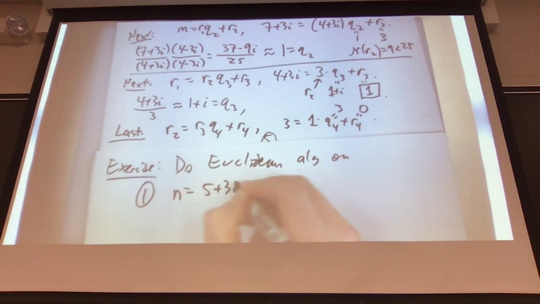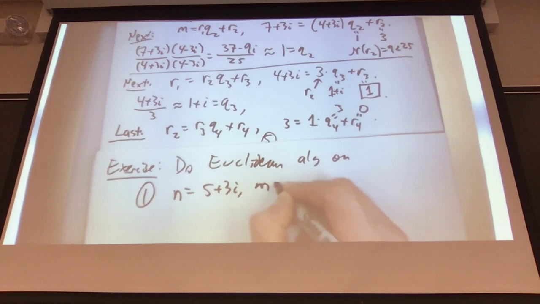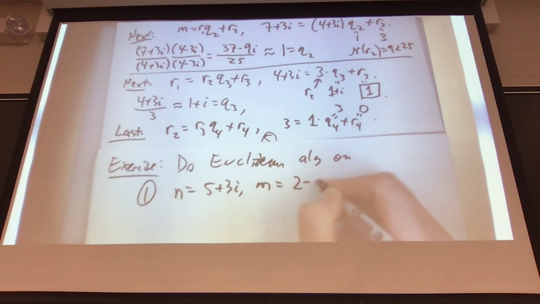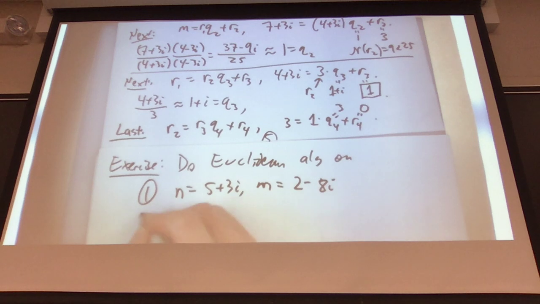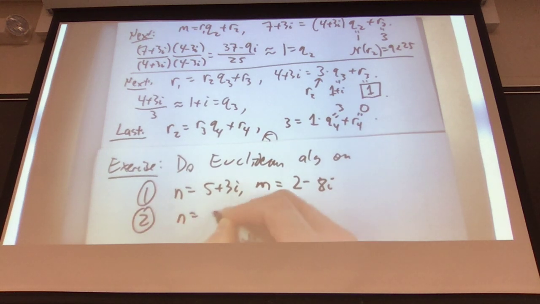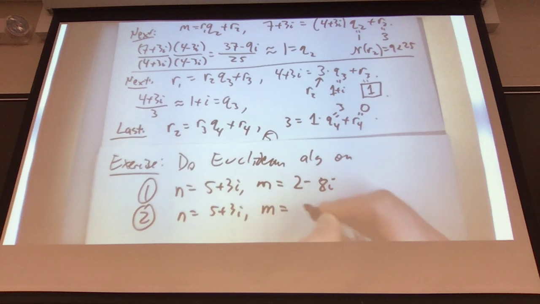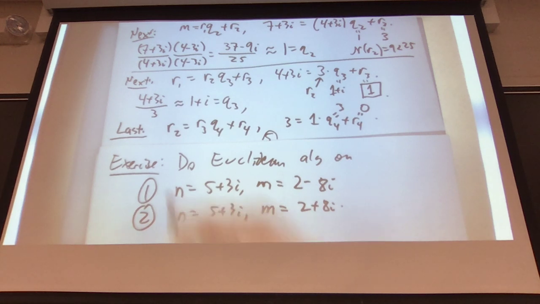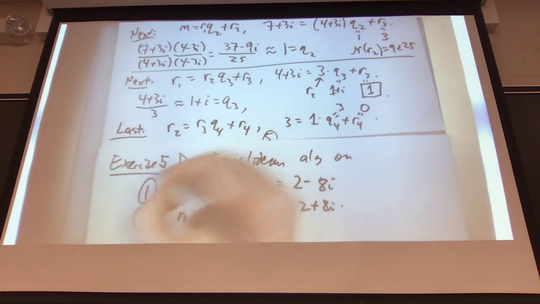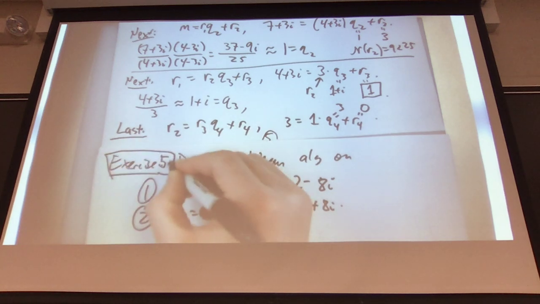Example 1 is 5 plus 3i and 2 minus 8i. Example 2 is 5 plus 3i, same number, and 2 plus 8i. And something fun will happen. So this is exercise 5.